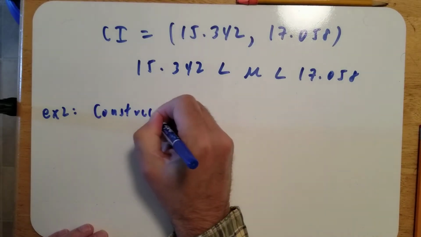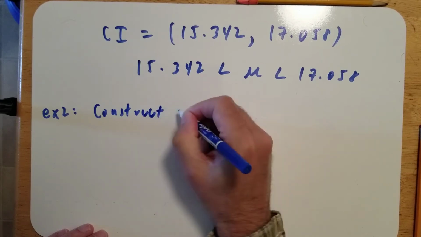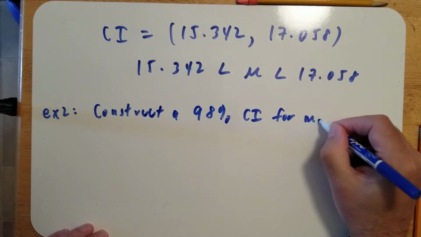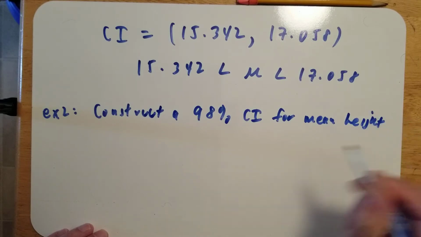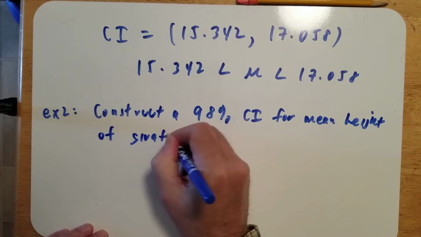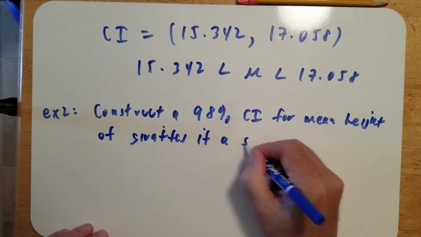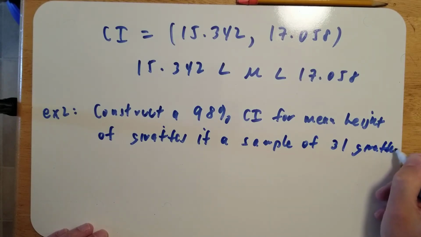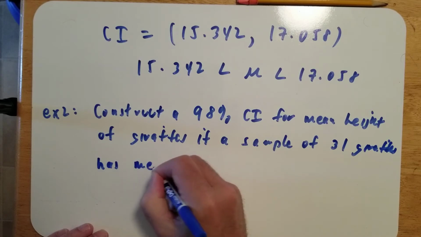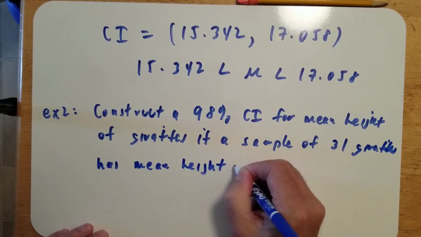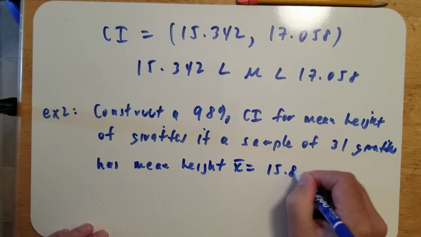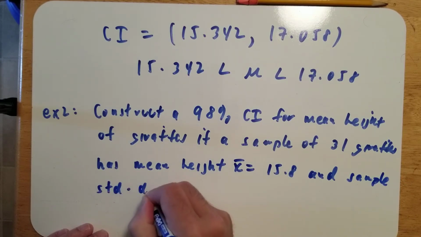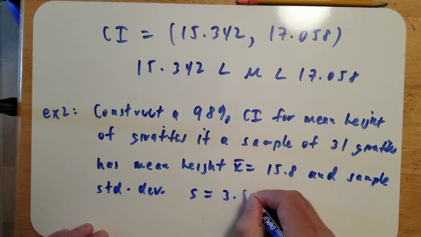construct a 98% confidence interval for the mean height, I guess I'll stick to giraffes, mean height of giraffes, if a sample of 31 giraffes has mean height x bar equal to 15.8 and sample standard deviation S equal to 3.5.